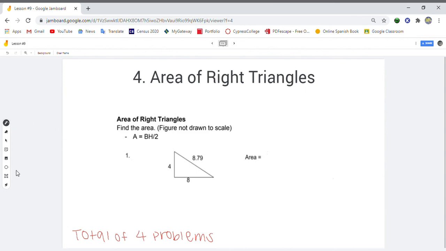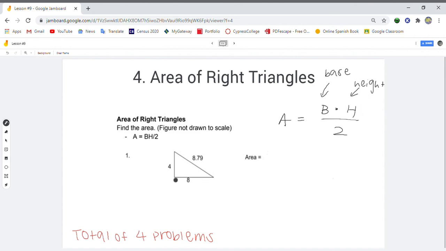We're given the formula here: A equals BH over 2. Let me write it over here. BH over 2. B stands for the base, and H stands for the height.